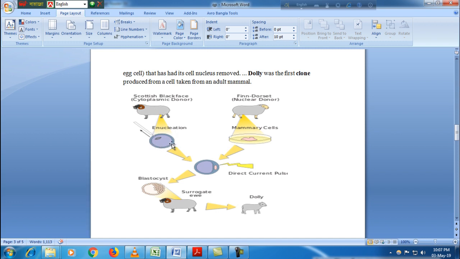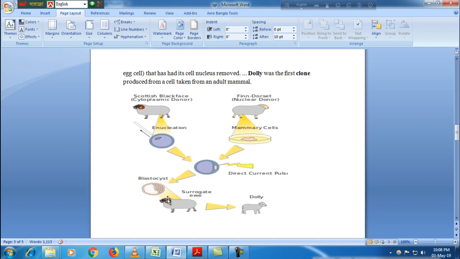and from sheep B, we will only take the egg cell, by removing the nucleus from sheep B, and we insert the nucleus of sheep A into the egg cell of sheep B. Then later on it will become embryo cells.